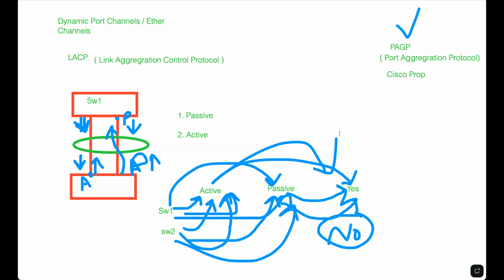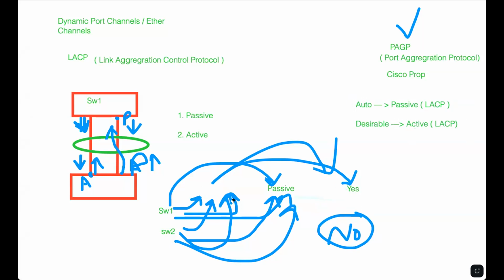It's not like static, it is dynamic, but the modes are different in PAGP. In PAGP, the modes are auto or desirable. Auto is the same as passive in LACP. Desirable is the same as active in LACP.